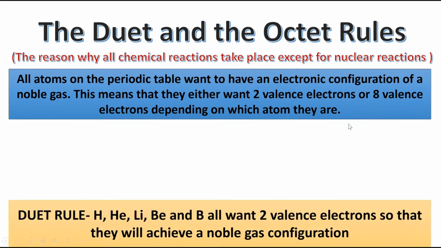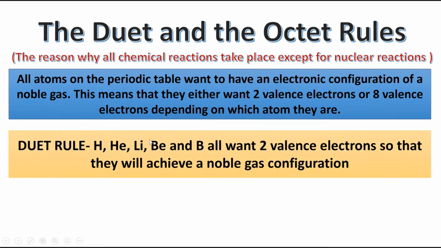The duet rule is limited to hydrogen, helium, lithium, beryllium, and boron. These 5 elements follow the duet rule, and always want 2 valence electrons in their outermost shell, so that they can achieve the noble gas configuration of helium. Helium is a noble gas, and these elements want to be like the helium electronic configuration.